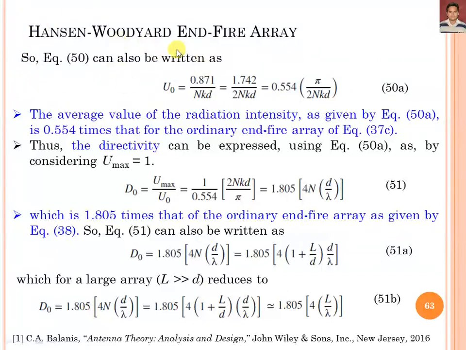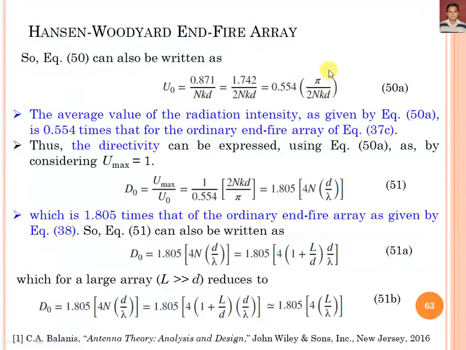So equation 50 can also be rewritten: U naught is equal to 0.871 upon nkd, and if we multiply the numerator and denominator by the factor 2, we get 1.742 upon twice nkd, which is equal to 0.554 pi upon twice nkd.